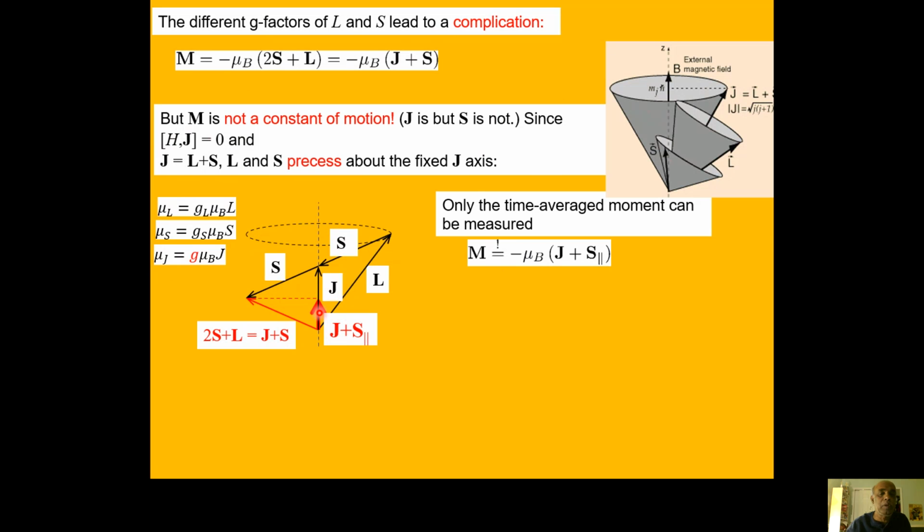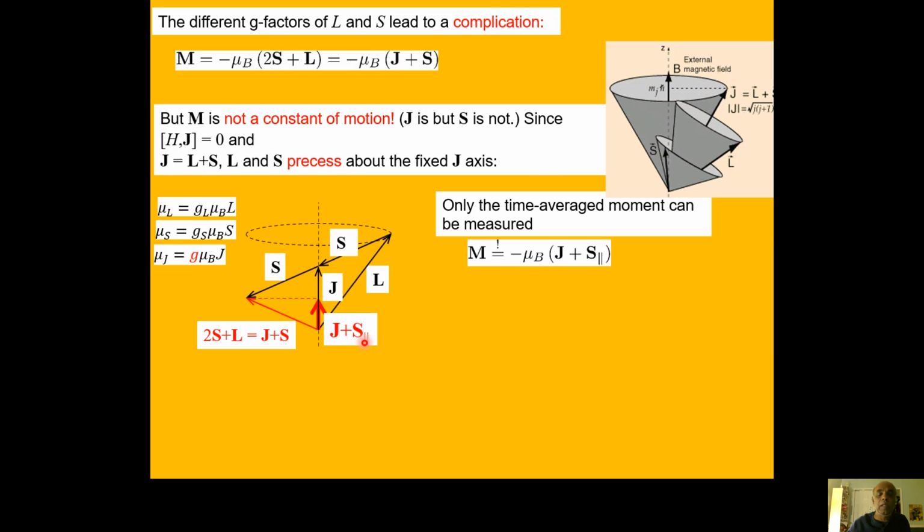You can understand that because this is L, this is S, so this will be J. Then if you take the component of S along J, that is S parallel. So we need to calculate the values corresponding to this J plus S parallel value.